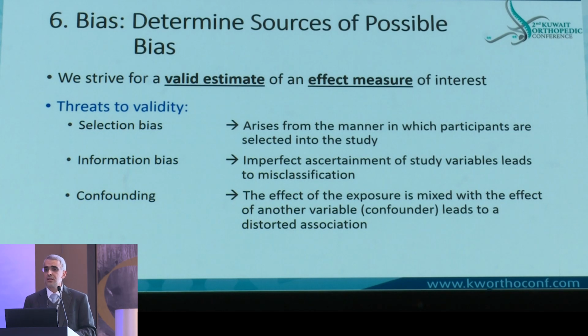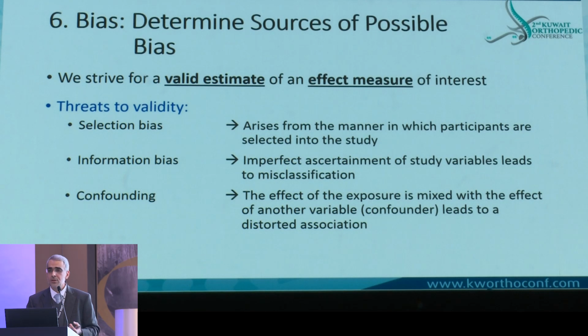So threats to validity in any clinical research can be thought of as selection bias, information bias, and confounding. Selection bias involves the manner in which you enroll subjects into your study. Did you focus on subjects who have severe disease and have higher levels of exposure? Then those subjects don't represent the pool of patients.